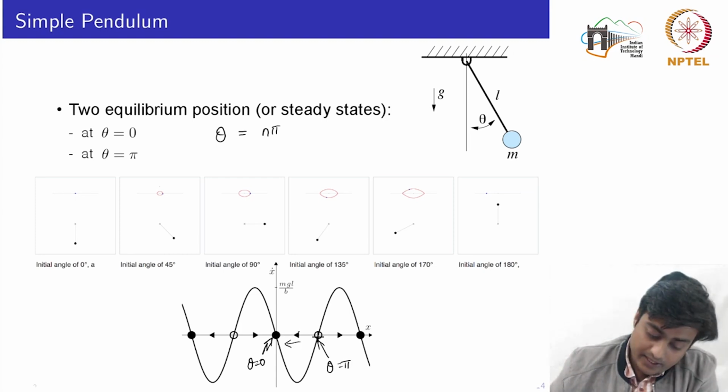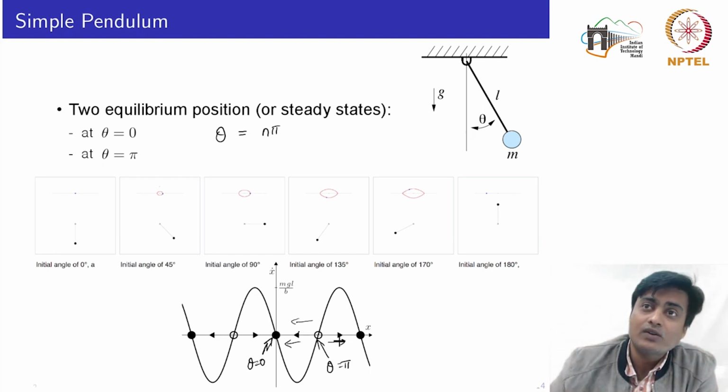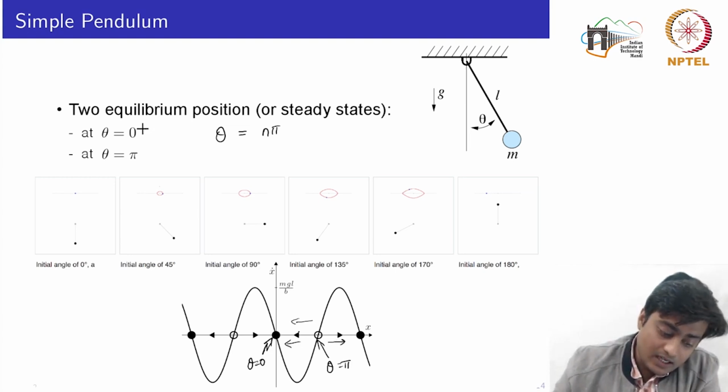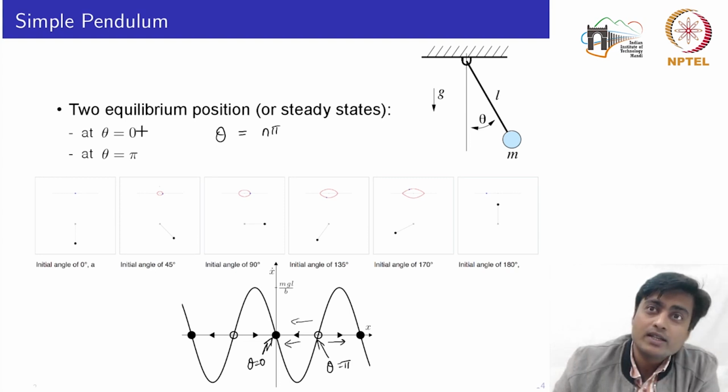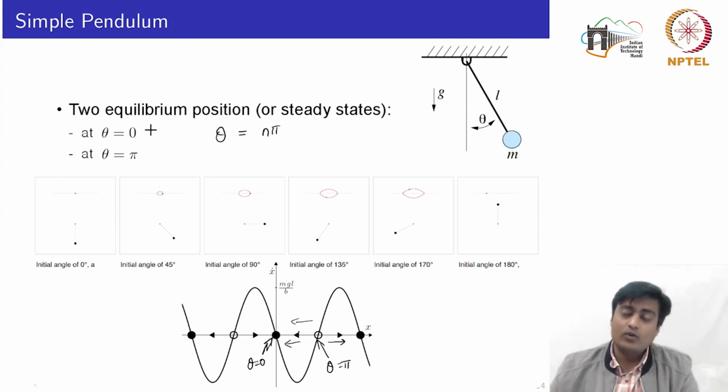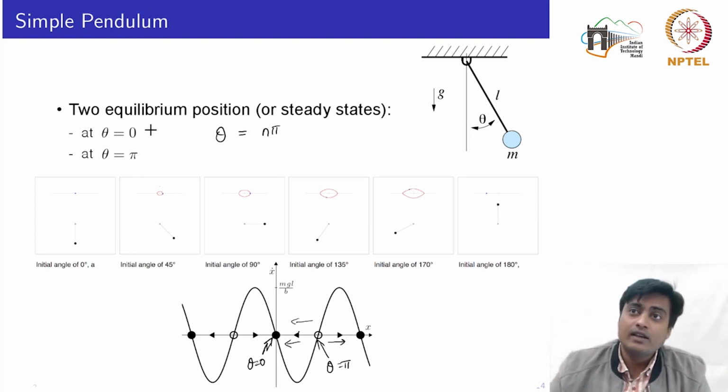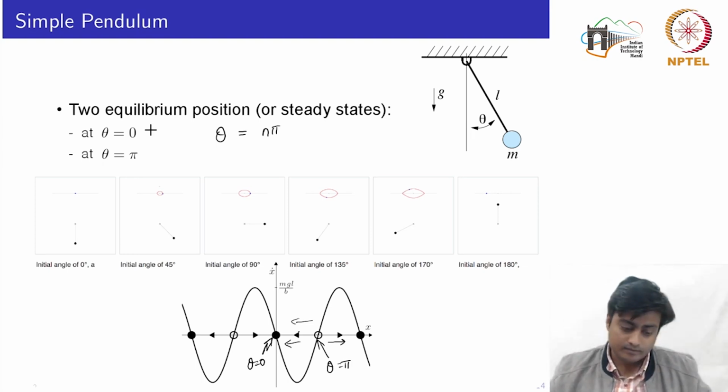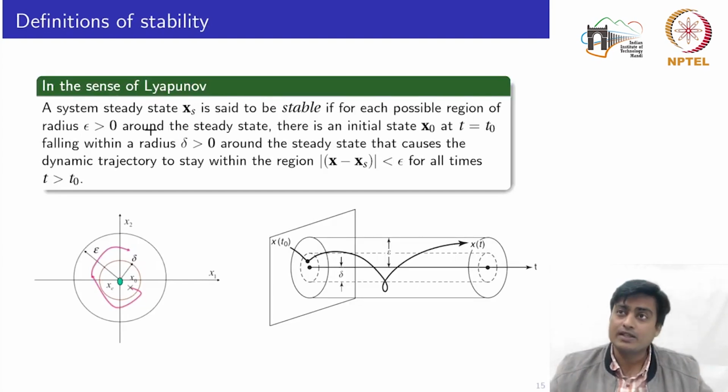But if I initialize at 180 degrees and see a larger interval, either it would go towards here or go towards there with respect to this point, but it would never rest at this point. So the question arises here: among these two points, which point is the stable point and which point is the unstable point? Now how we can define this formally is what we are going to see next.